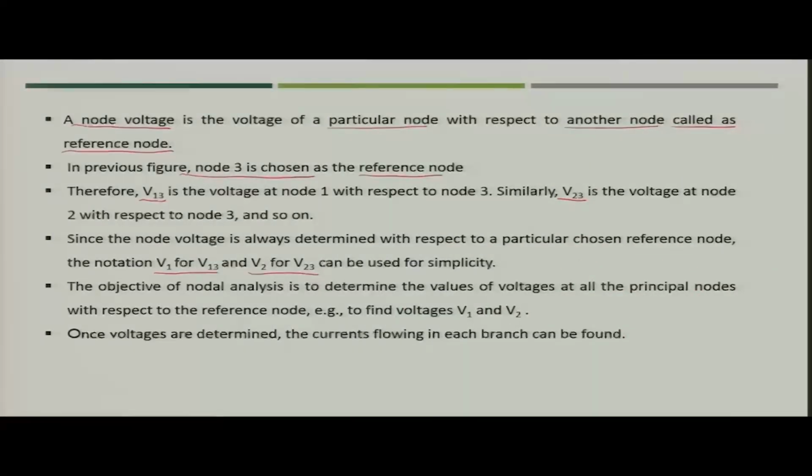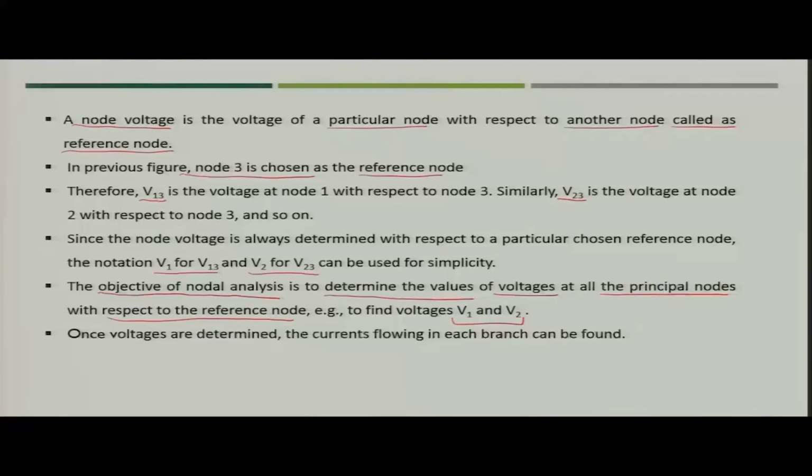Now, what is the overall objective of our nodal analysis? The objective is to determine the values of voltages at all the principal nodes, with respect to the reference node. In this case the objective is to find the voltages V1 and V2.